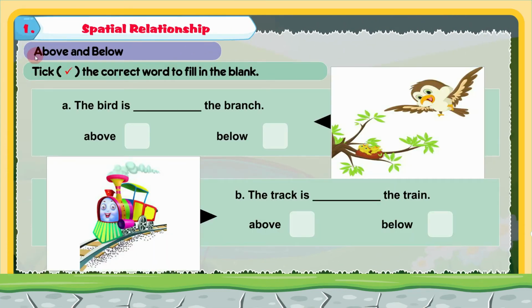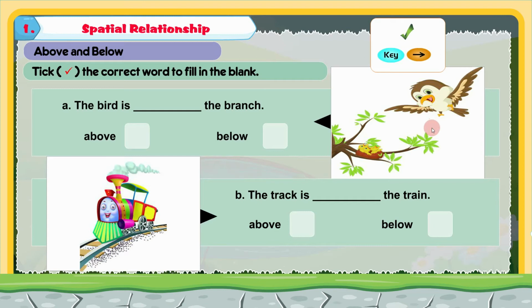So the next section here is above and below. Tick the correct word to fill in the blank. Here we have a picture in which we can see a bird and also a nest. A. The bird is dash the branch, above or below, which is the correct answer here? This is the branch and this is the bird.